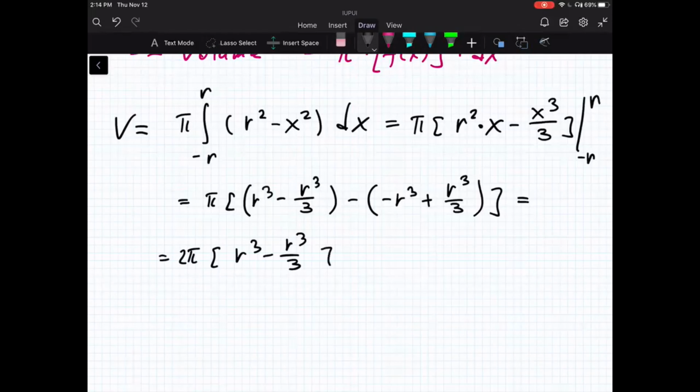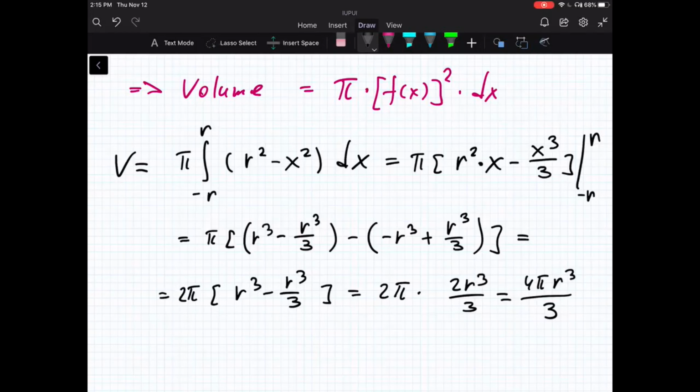And so it is 2 pi times, if you take the common denominator, 2r cubed over 3. Or finally, it's 4 pi r cubed over 3, which is the volume of a sphere of radius r. First application of our disk method.